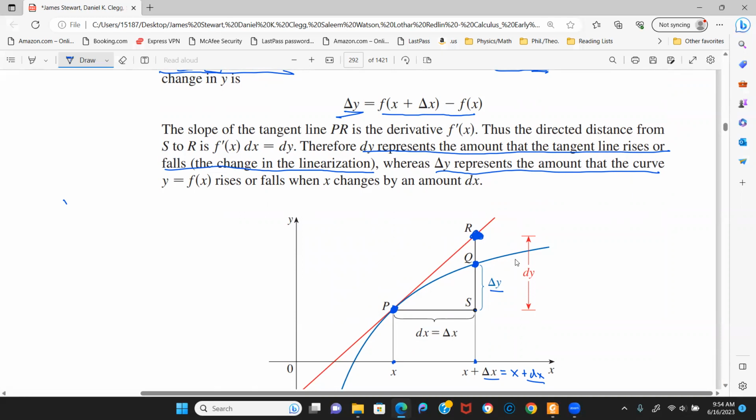And so dy is going to be how much the line rises above this point right here, or falls below, I guess, because delta x could maybe be a negative number, probably not though. And then delta y represents how much the curve itself rises above the point P.